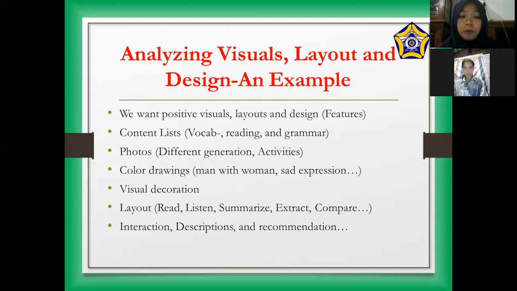For the photos, we can analyze whether the photos or pictures used in the material are different for the different activities, and also color grading, for example the color for the man and woman, facial expression and other, and also visual decoration.